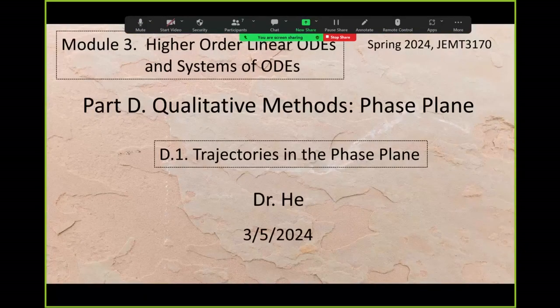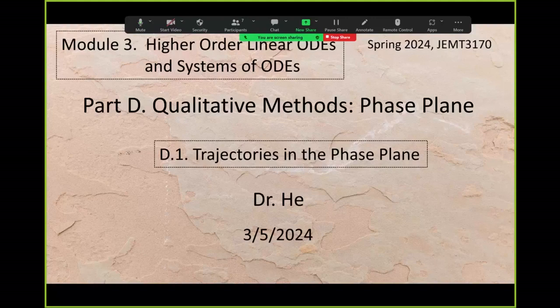So Part D, qualitative methods, phase plane. In this part, we do something quite different. We do not really solve ODEs. The reason is sometimes the ODE could be very hard to solve, so we are not able to solve directly.